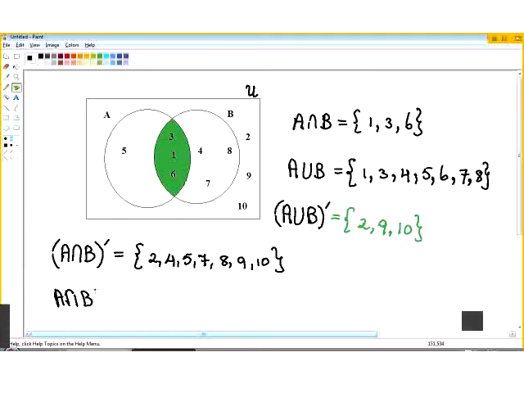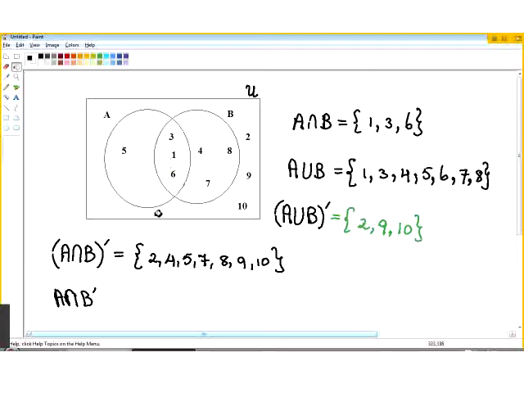Now notice there's no bracket, so it means that you're looking at what is in A and outside of B, because our B complement means that at the same time. So we're looking at what is inside of A and outside of B at the same time.